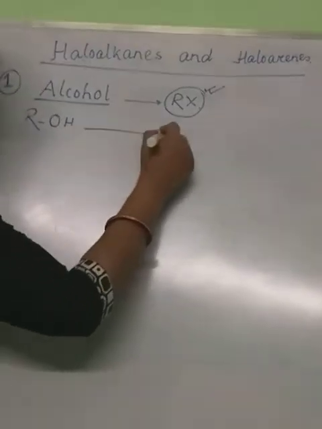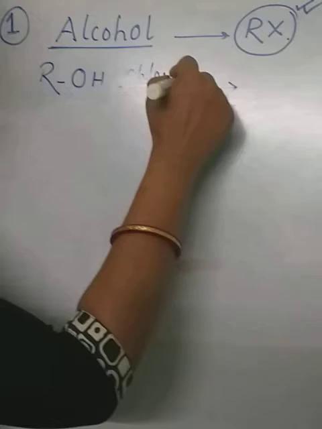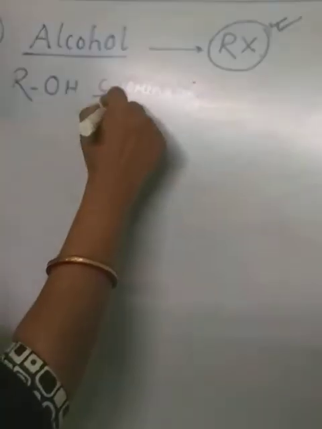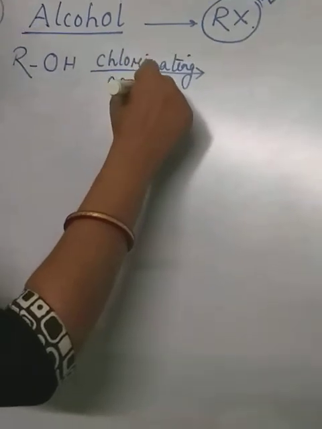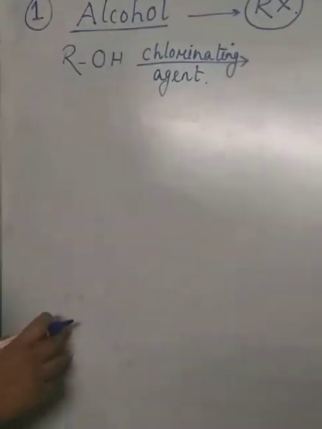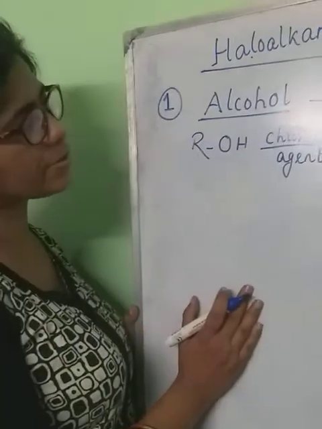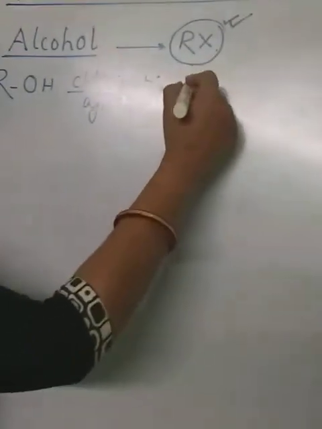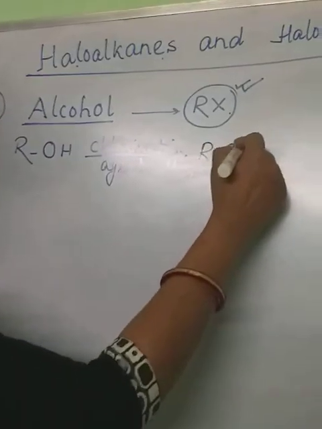In this, we could use the chlorinating agents like phosphorus halides, then anhydrous zinc chloride with hydrochloric acid to form RCl.